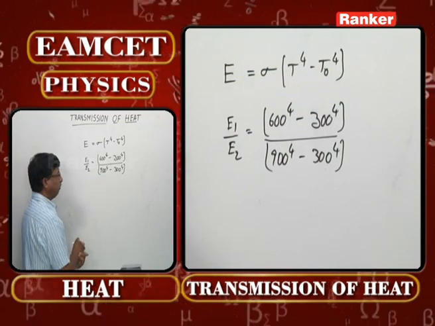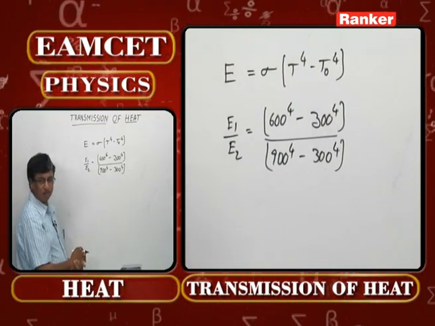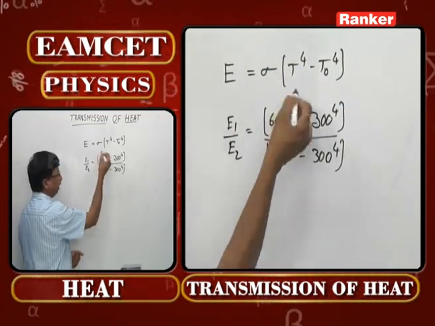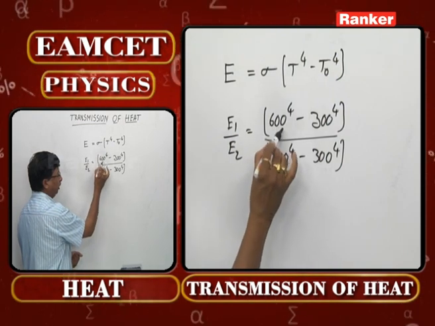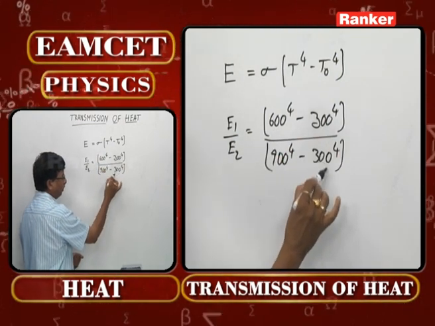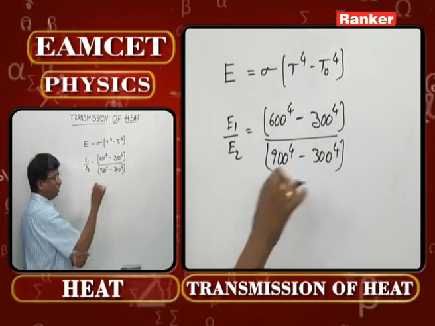Seeing this calculation, one need not panic. We can directly understand, to the power 4, the 8 zeros here, 8 zeros here, 8 zeros here also, they all get cancelled.